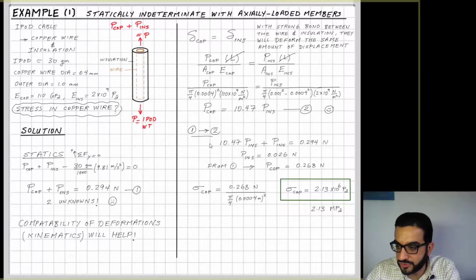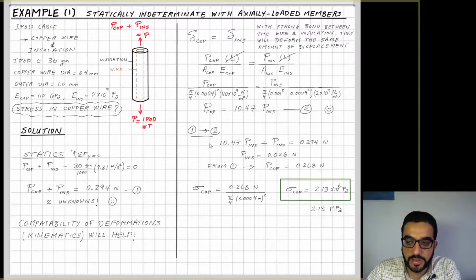One thing to pay attention to is the units. In delta copper equals delta insulation, E copper is 110 gigapascal, which I made 110 times 10 to the power 9. Giga is 10 to the power 9, mega is 10 to the power 6, kilo is 10 to the power 3, so pay attention to the units here.